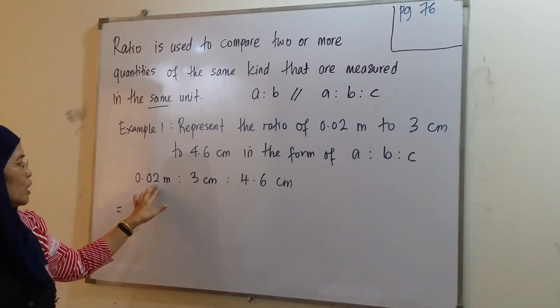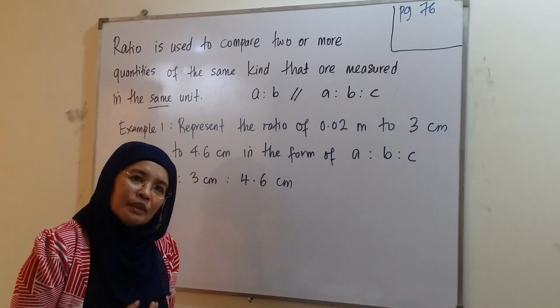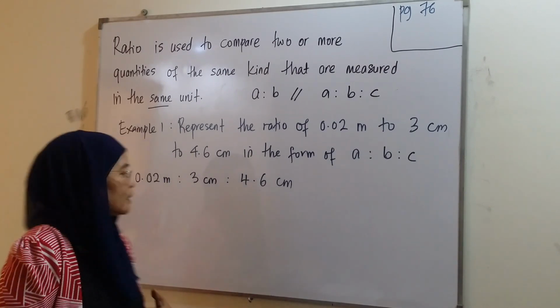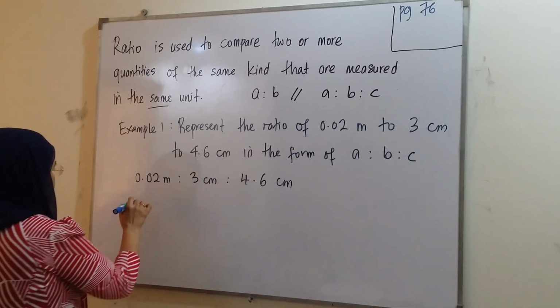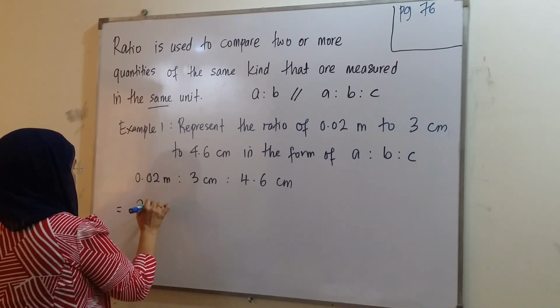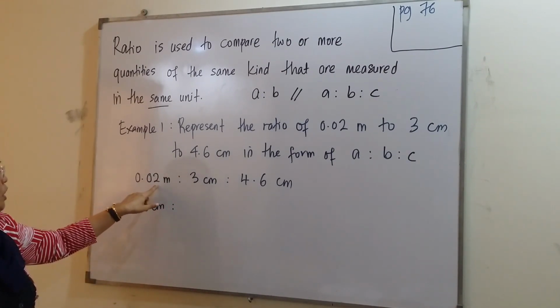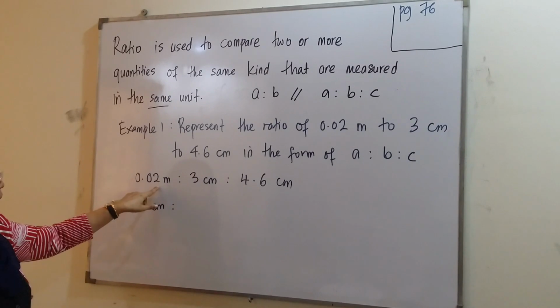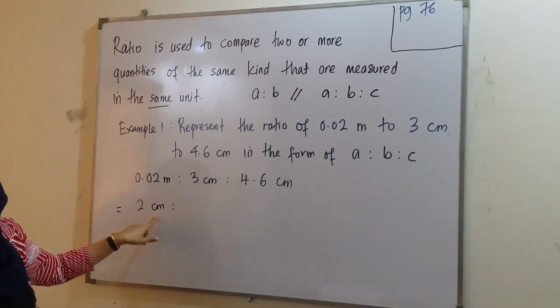So 0.02 meter, how many cm? We have to multiply by 100. So 0.02 multiplied by 100 is 2. So now it becomes 2 cm.